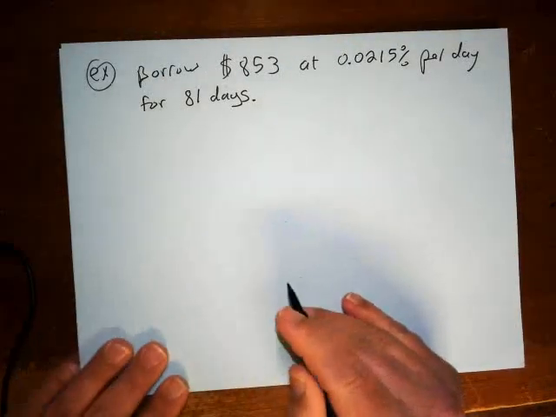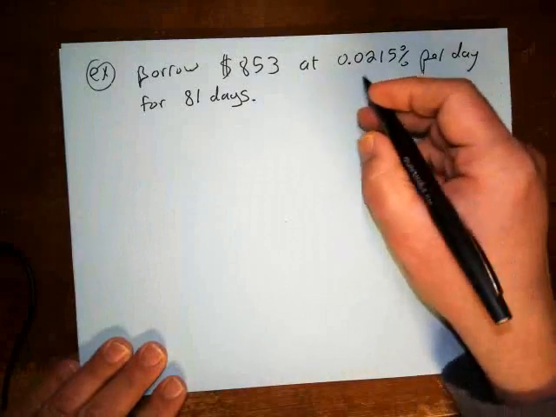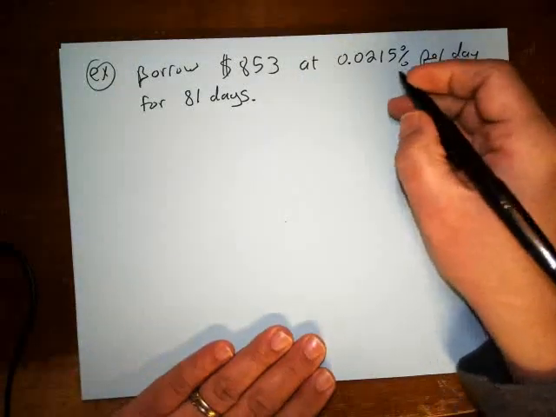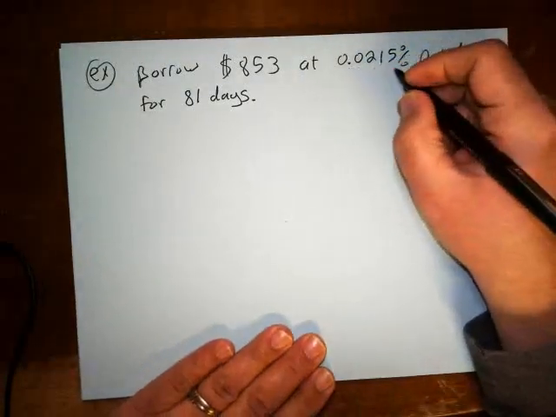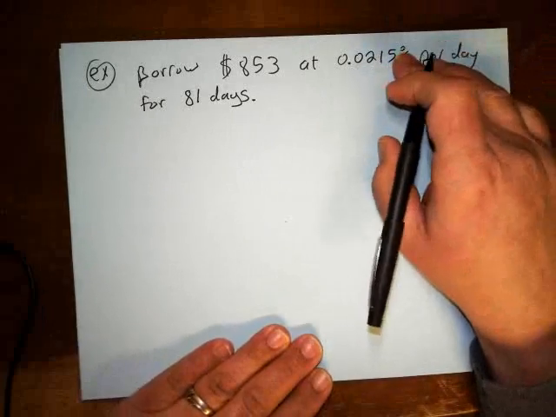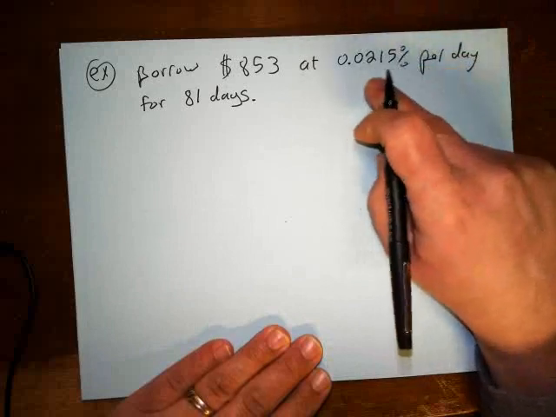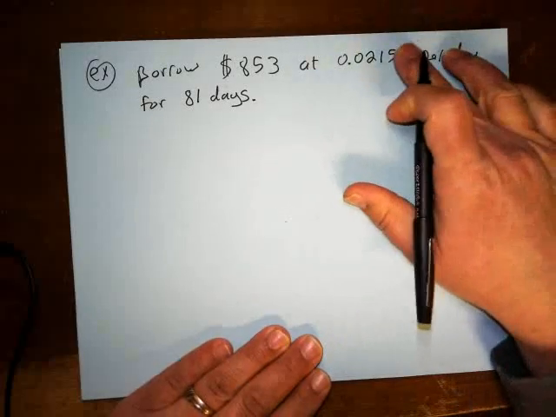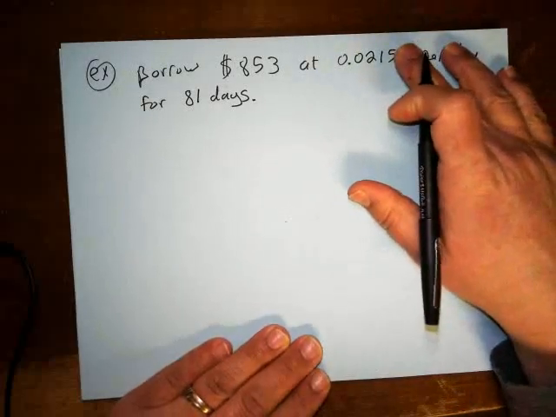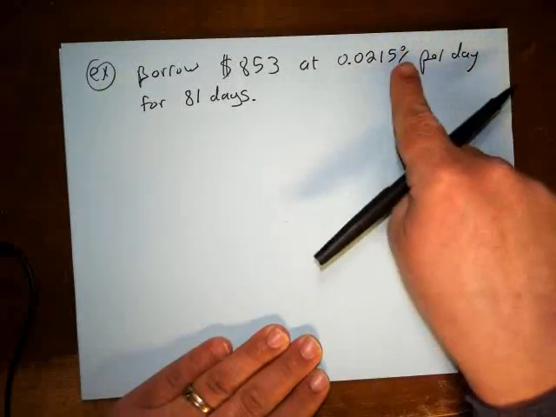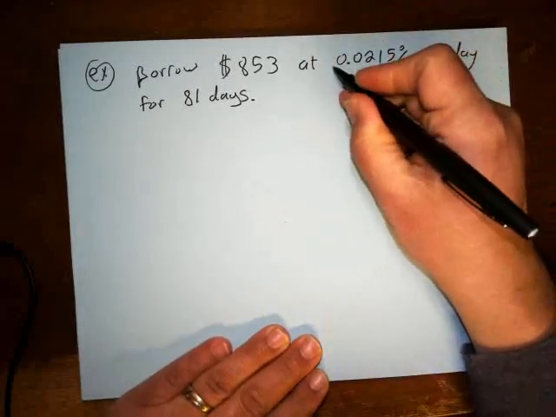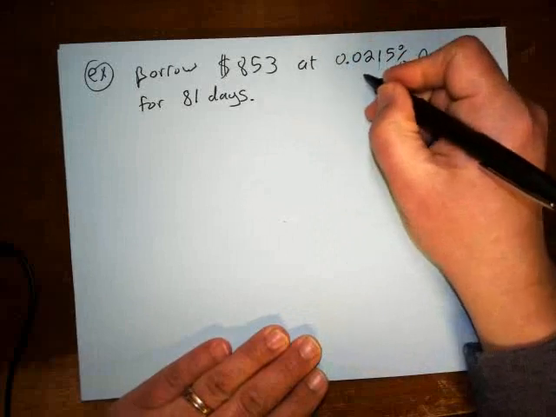Okay, and there's a mistake that can happen here, because this is already as a decimal. You could just drop that percentage and use this, but that wouldn't be right, because this decimal is actually like 2.15%. Okay, and so you still have to move this decimal point over 2 places.